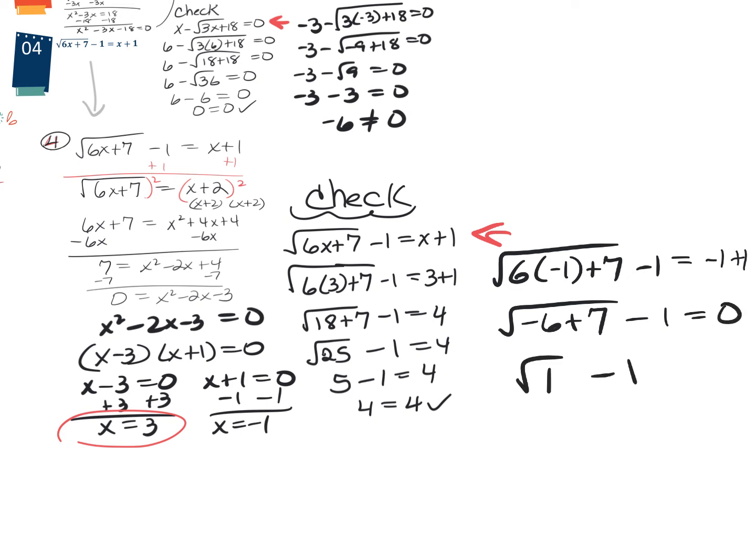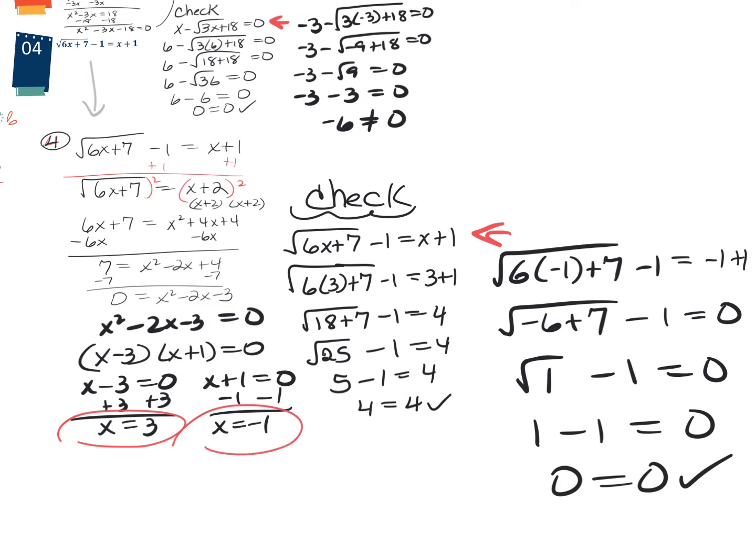The square root of 1 is 1. 1 minus 1 is 0. 0 equals 0. I finally have a negative answer that works. So this one actually has 2 solutions. So again, don't automatically assume that the negatives don't work. You have to check everything.